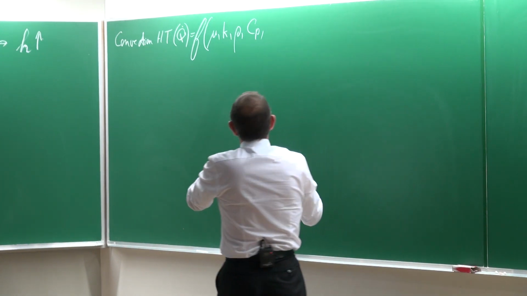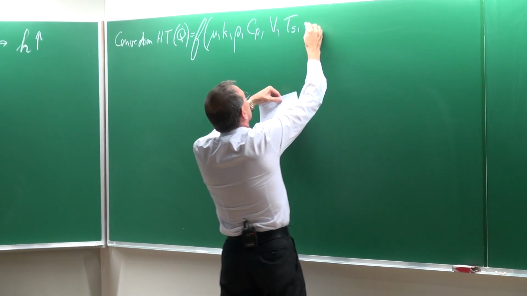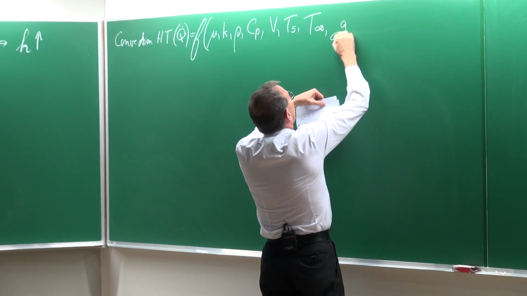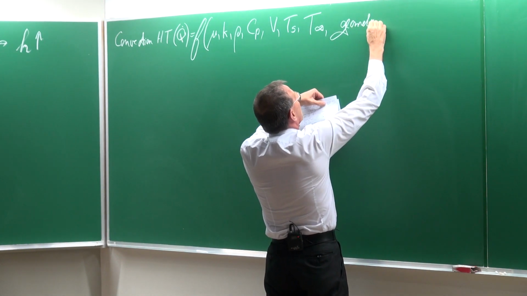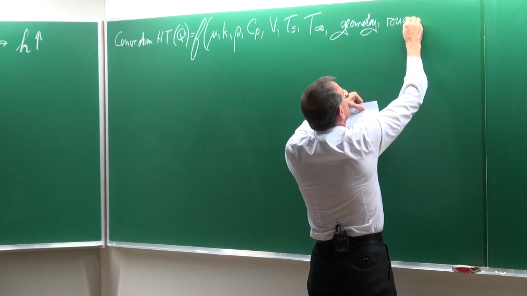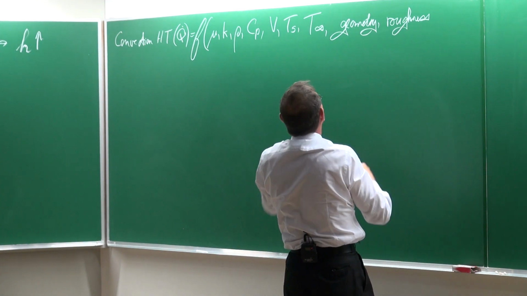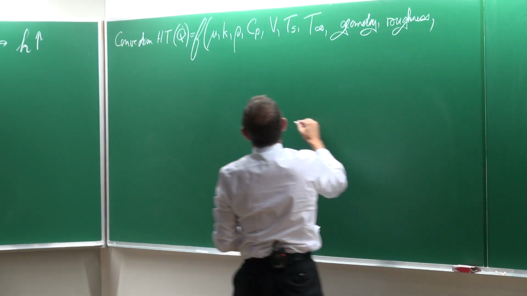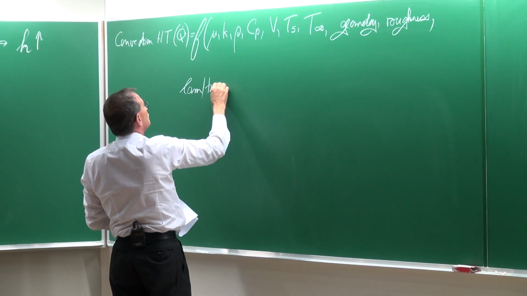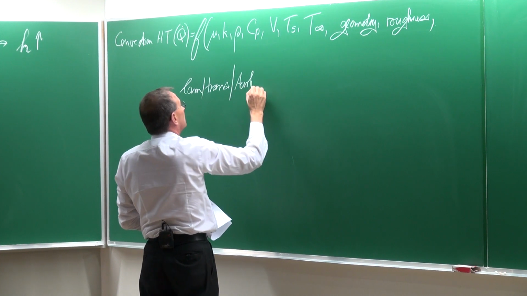Then it will be a function of velocity, surface temperature, the temperature of the environment, the specific geometry that has been considered, the roughness of the surface, as well as if the flow is in the laminar flow regime, the transitional flow regime, or the turbulent flow regime.